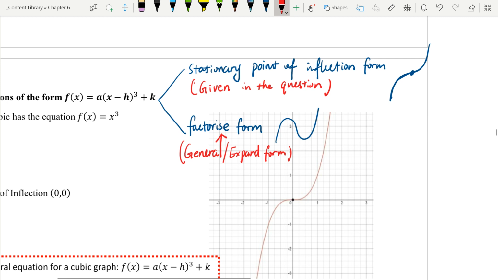Well, there is a way to make it, but not all general forms can be made into point of inflection form, and we are not learning that, so it's not part of your job. We don't need to worry about that.